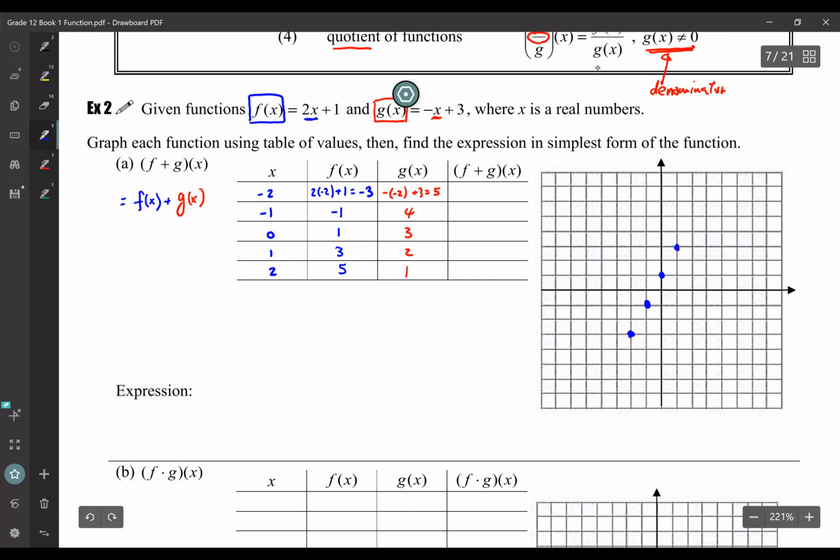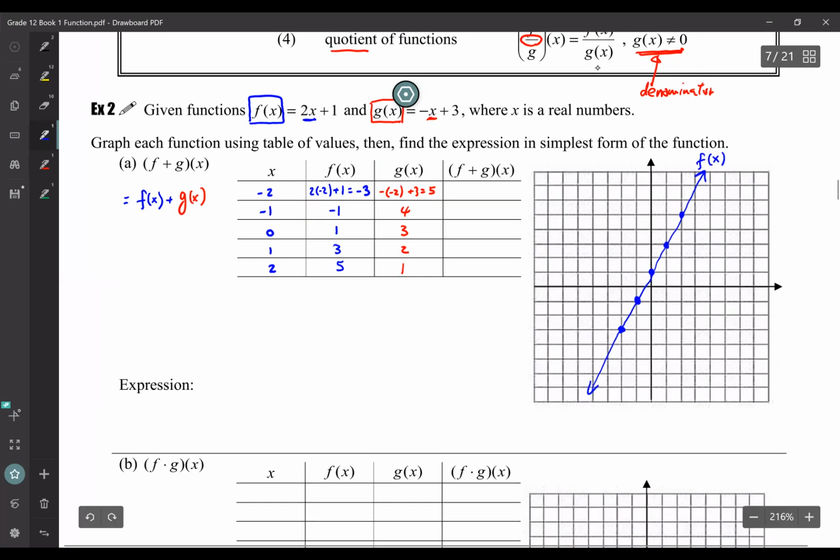It's a linear function, 2, 5. Okay, and then draw the straight line. And please label on the side, at the edge, f of x.